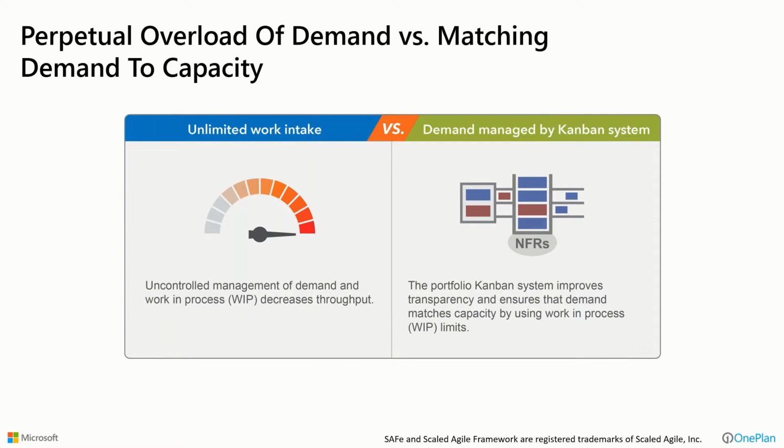And demand management in a more lean approach is really done by a more visual Kanban type of approach, where we're dealing more with work in process limits and teams that are dedicated to those specific value streams, such that we have a more tangible idea, based upon velocities and team throughput, of what we can actually handle at any given point in time. And then it's really a matter of us prioritizing what items we should do first and which items would deliver the most value to both us internally and to our customers.